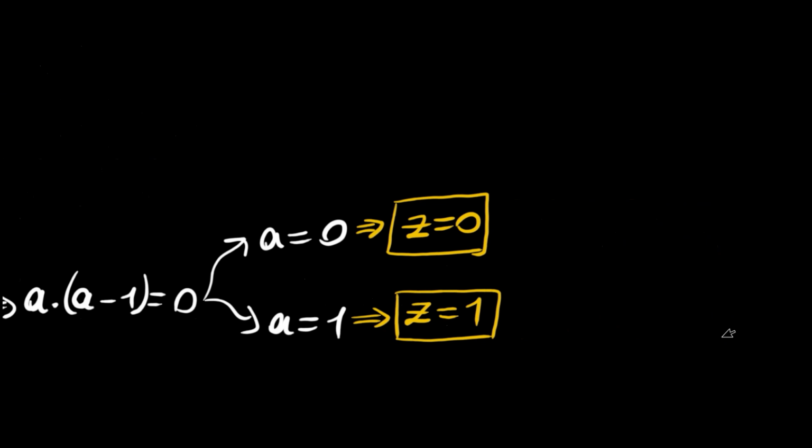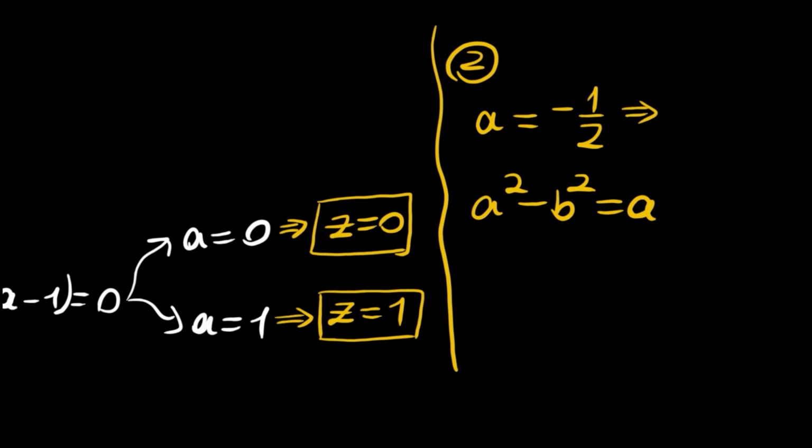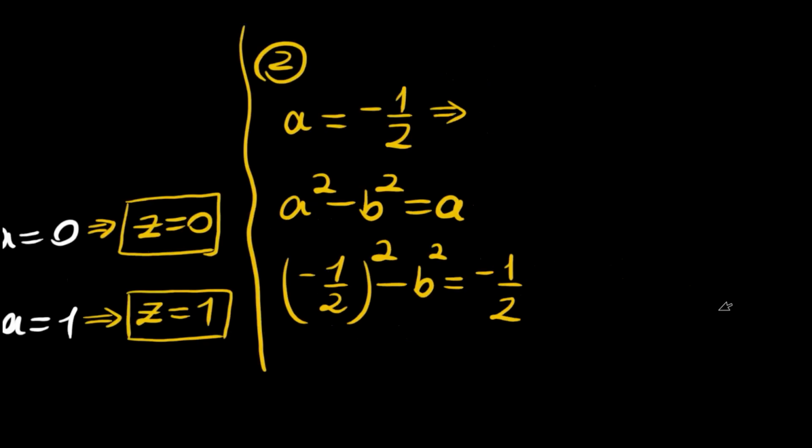Let me show you the second case, which is a is equal to negative 1/2. Then our equation a squared minus b squared is equal to a becomes negative 1/2 squared minus b squared is equal to, again, negative 1/2.